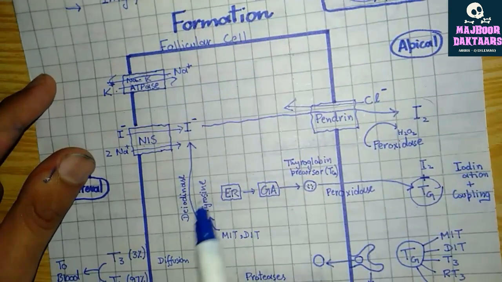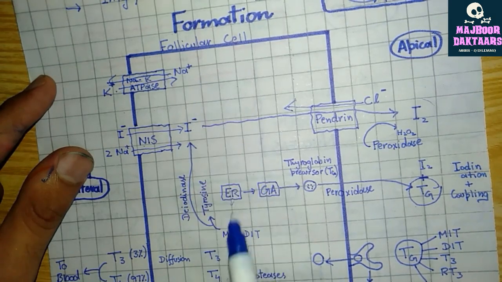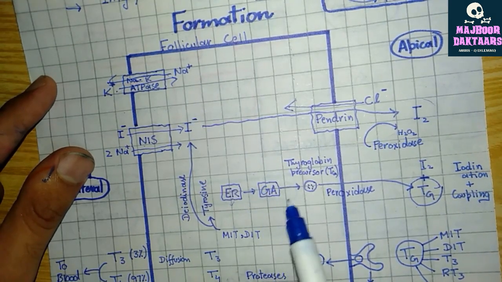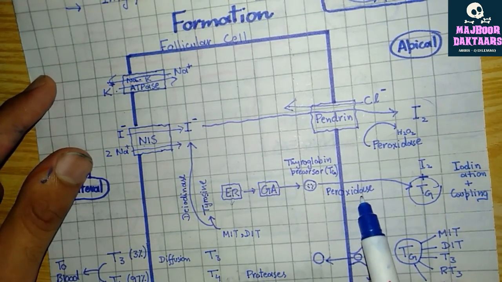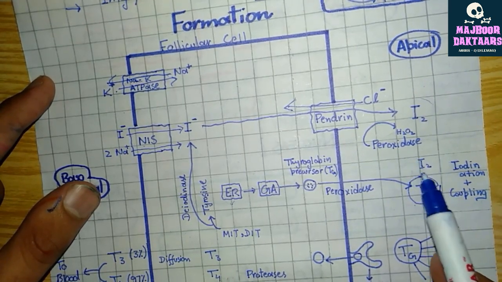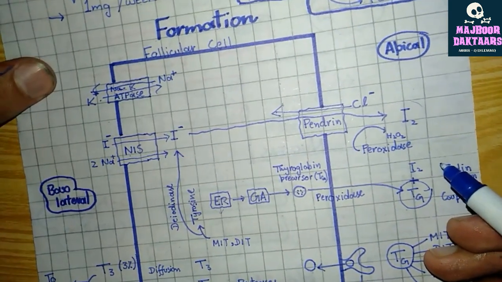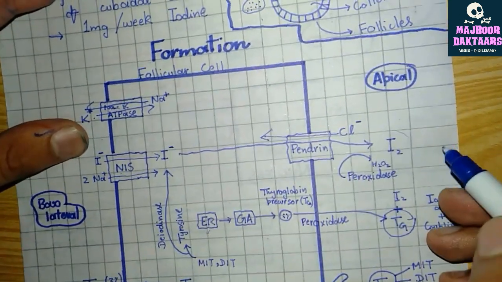The thyroglobulin is produced by the endoplasmic reticulum in the follicular cell, moves to the Golgi apparatus, and then with the help of a peroxidase enzyme, the thyroglobulin is coupled with an iodine to form a thyroiodine residue.